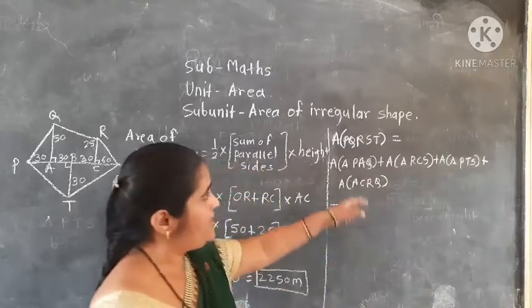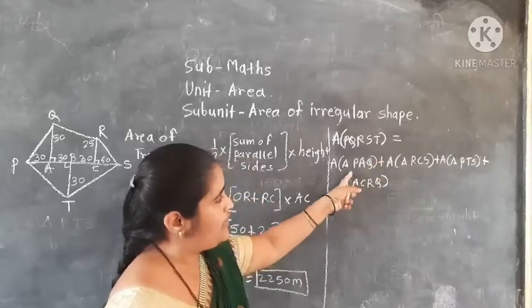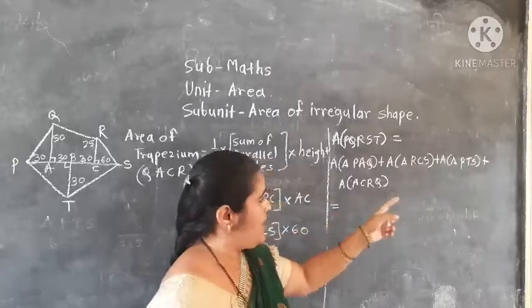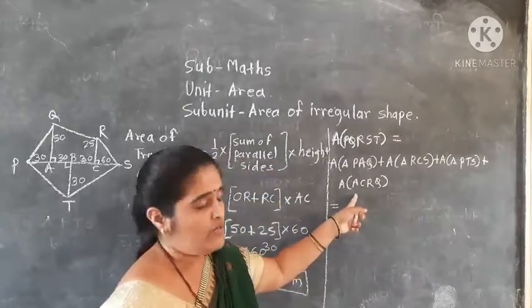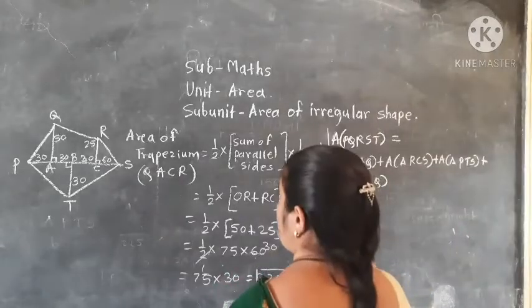For calculating the irregular surface PQRST, we have to add all the areas of triangles and the area of trapezium. What is the value of area of triangle PAQ?